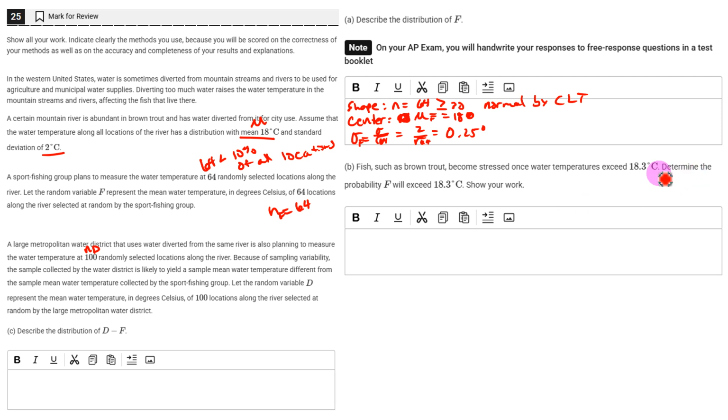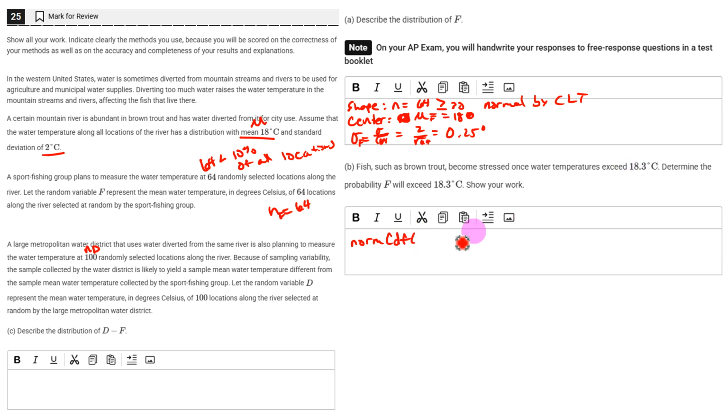Brown trout become stressed with temperatures over 18.3. Determine the probability F will exceed 18.3. We just said it was normal, so we can do normal CDF.